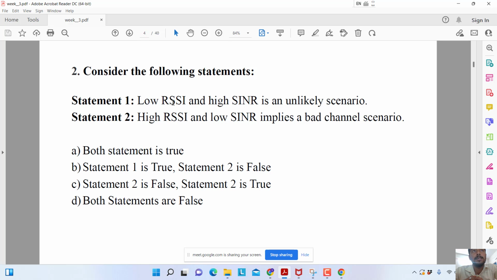In this case, we are on the edge of the cell, and in the scenario of high RSSI, we are just near the base station. So we have to tell which option is correct.